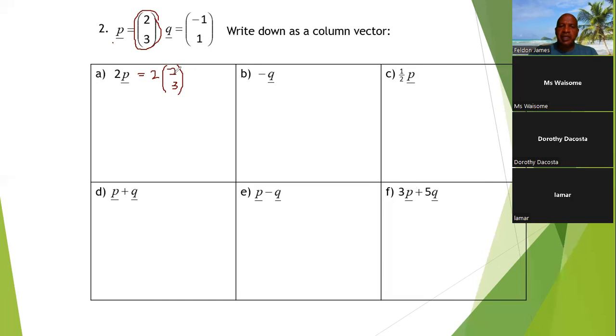So in matrix, this would be a scalar multiplication. You're multiplying what is in the matrix by the number outside. Anybody remember how to do that? When you're multiplying a matrix by a number outside, you multiply everything inside by that number. So what would you get as a result? Sir, 4 and 6. So 2P in the column vector form would be (4, 6). Is that clear to everyone? Raise your hand.